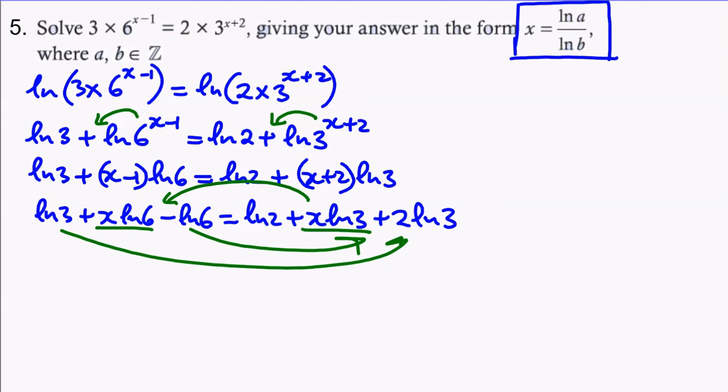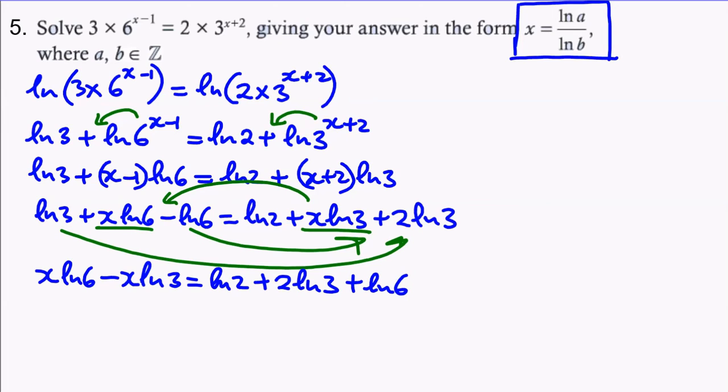So what we'll end up with is x ln 6 minus x ln 3 is equal to, okay, we have ln 2 plus 2 ln 3, and then plus ln 6 because I'm moving ln 6 to the right, minus ln 3.